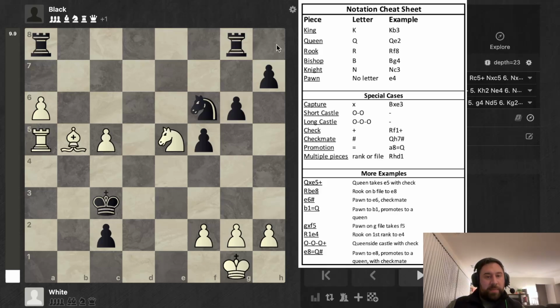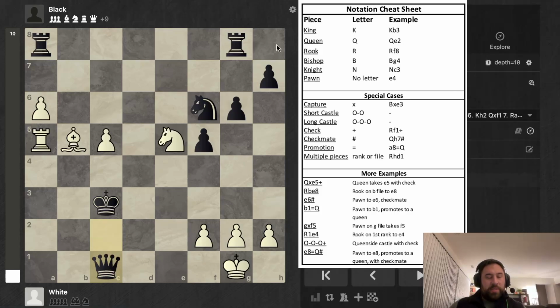Next one is going to be, I believe it's white to play now. Excuse me, it's black to play. Black's move is this. So this one is going to be C1 equals Q plus.